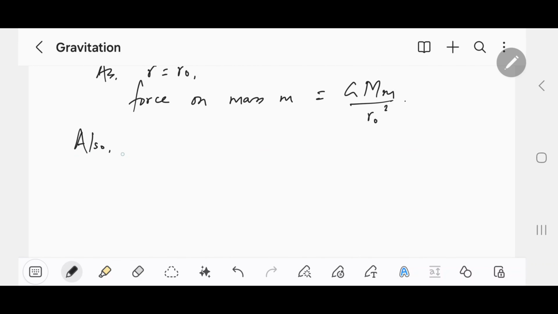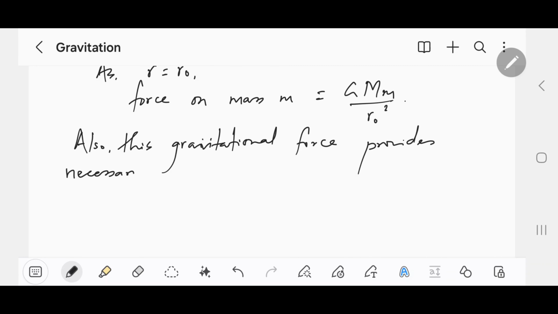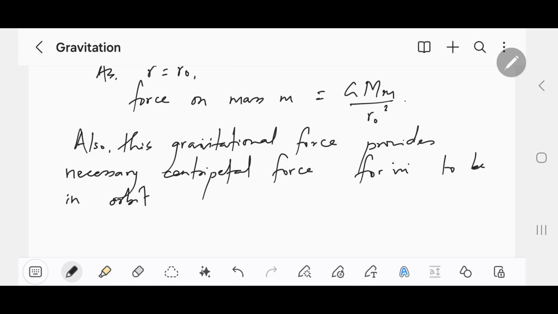Also, this gravitational force provides the necessary centripetal force for m to be in orbit.